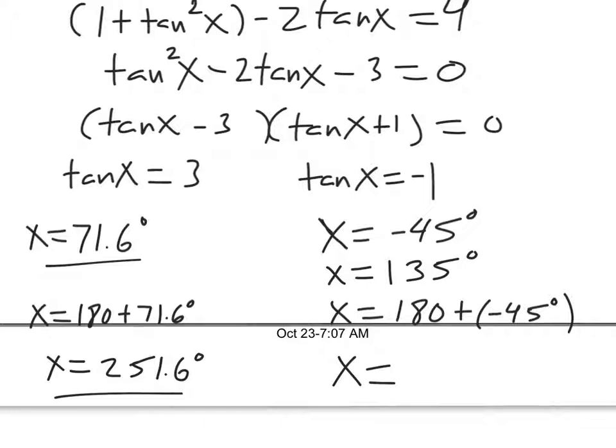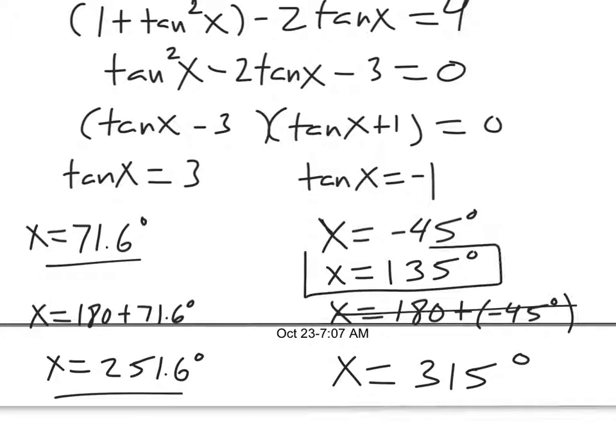I don't want negative 45 because that was less than 0, but I do want 135. This right here is going to give me the same thing, right? That's going to give me the 135, so they're lining up here. If I add 180 again, though, which I can do because that's the graph's period, I'll get 315, and those would be the two solutions that I'd be looking for, 135 and 315.